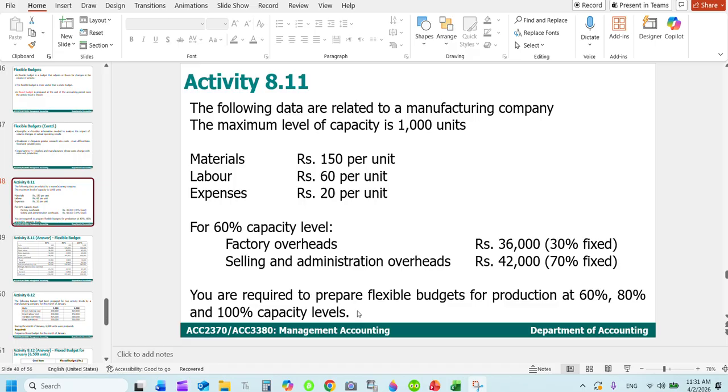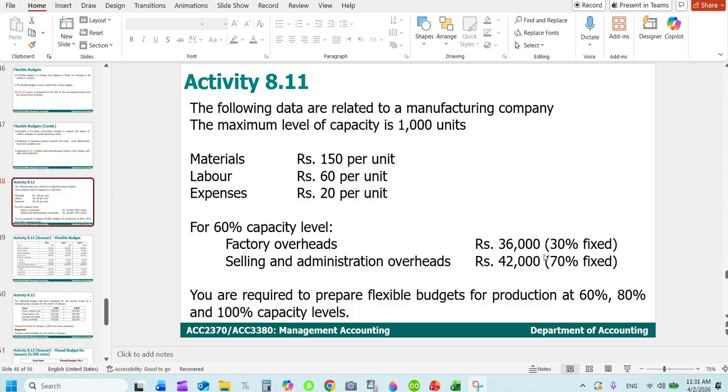Under a static budget, we prepare budget numbers or budget figures for a specific or static output level. It may be 1,000 or 800 or 700. But under flexible budget, we prepare budget numbers for different quantity levels, different flexible output levels, so that whenever our actual output level is decided, we can find a suitable budget to be compared.